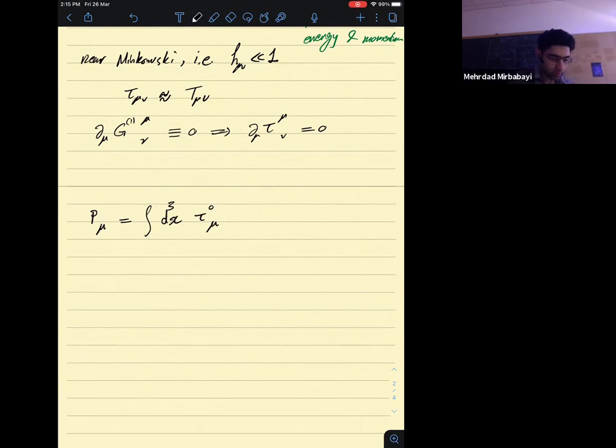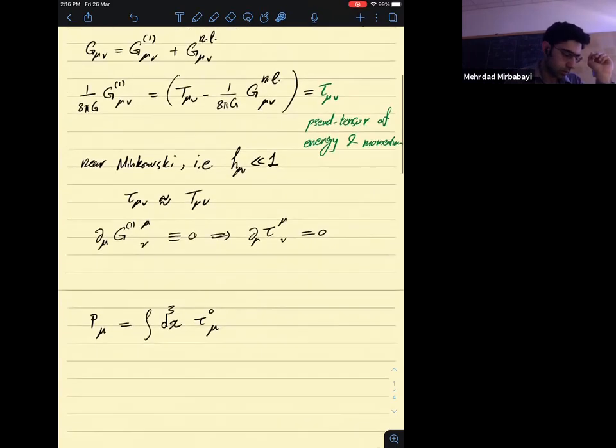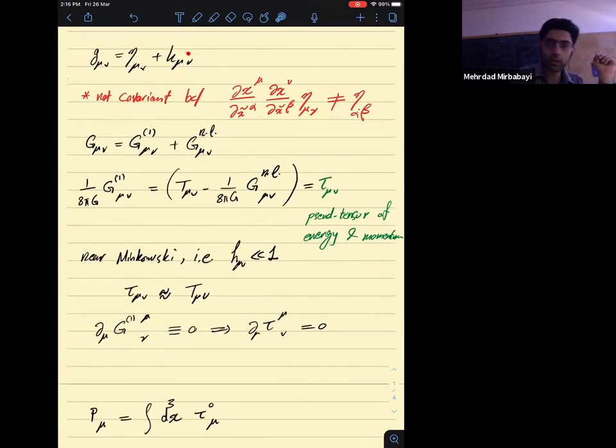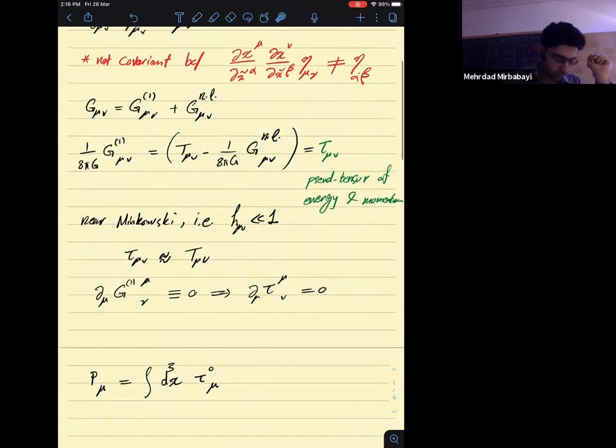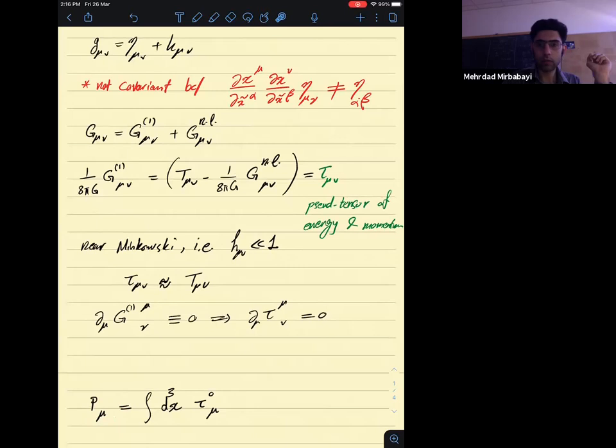Now, of course, at this level, without specifying the asymptotic behavior of the spacetime, this is kind of arbitrary. It's not very useful because, as we said, this tau mu nu is a pseudo tensor. So at this level, it looks like, depending on how we choose this spatial slice, or in general, what coordinate frame we use to make this decomposition, this P is going to have different values.